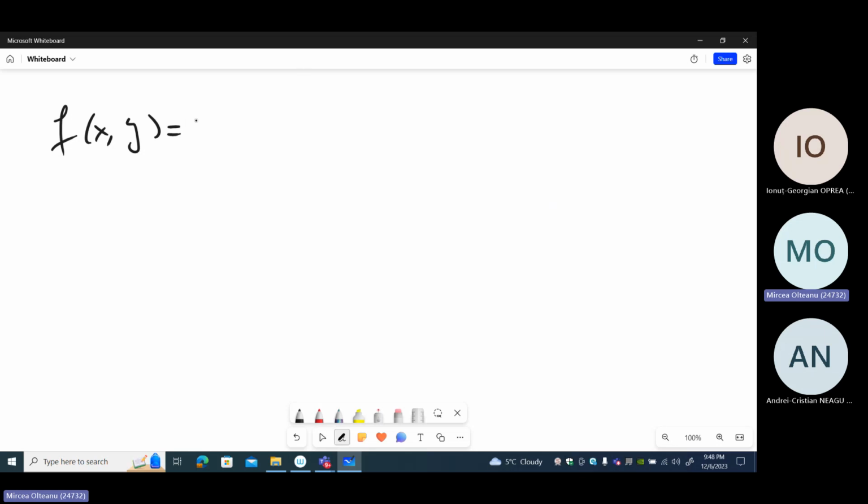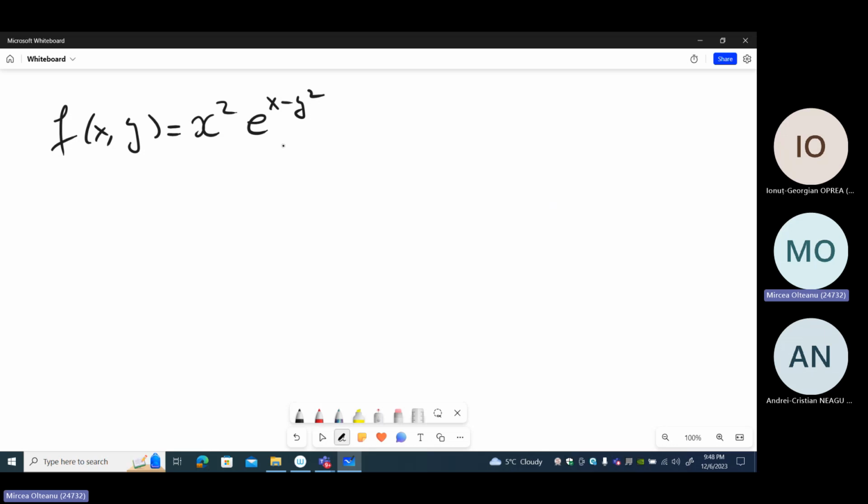For example, let's take something like this: x squared e to the power x minus y squared. You see, this function is far away from having a symmetry between x and y.